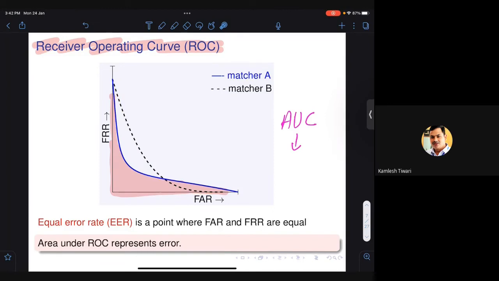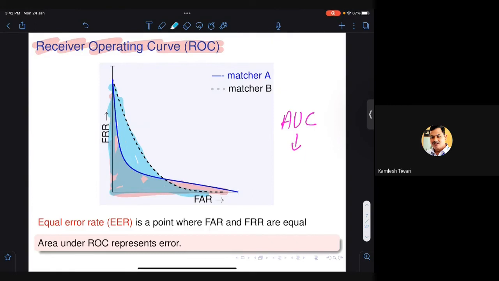Which matcher is better? You can tell, sir, I would find out the area. For the second one, the area is going to be this. So I would find out which has the lesser area, and I can declare that this one is the better one.